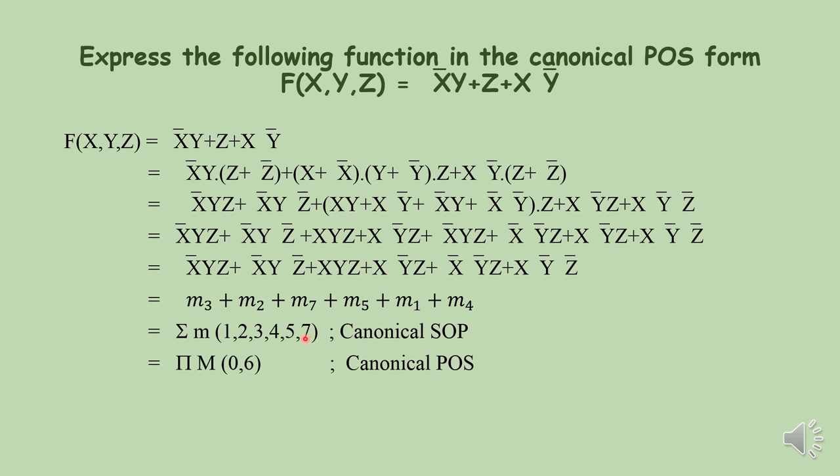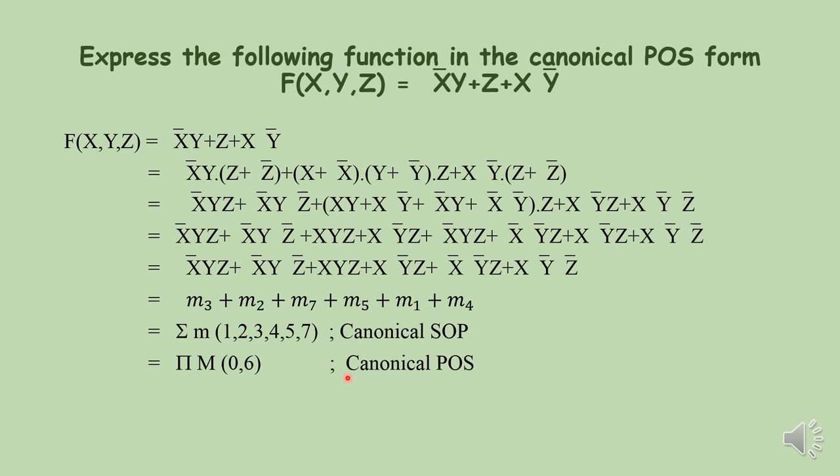The terms missing in canonical SOP form are 0 and 6. So this is a max term, and here we write M0, 6. The missing terms of canonical SOP form are written here.